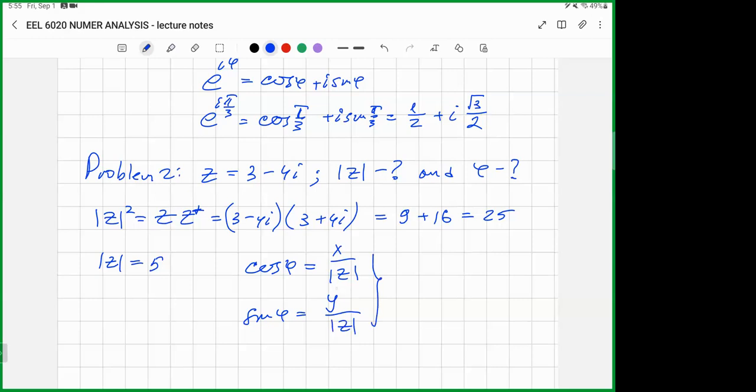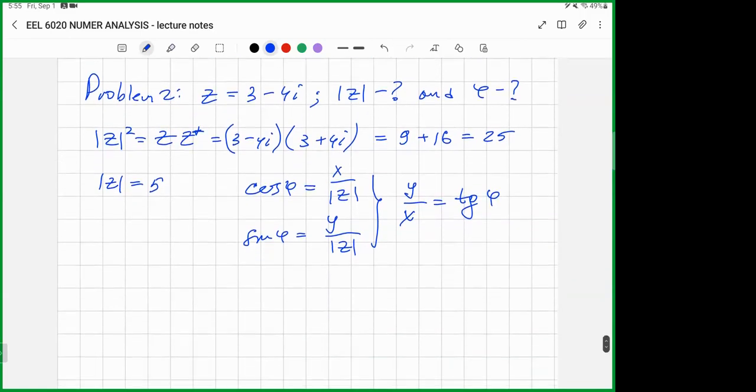After that, the modulus z is gone, and we get y over x is equal to tangent phi. And that means that in order to find phi, I use arctangent y over x.